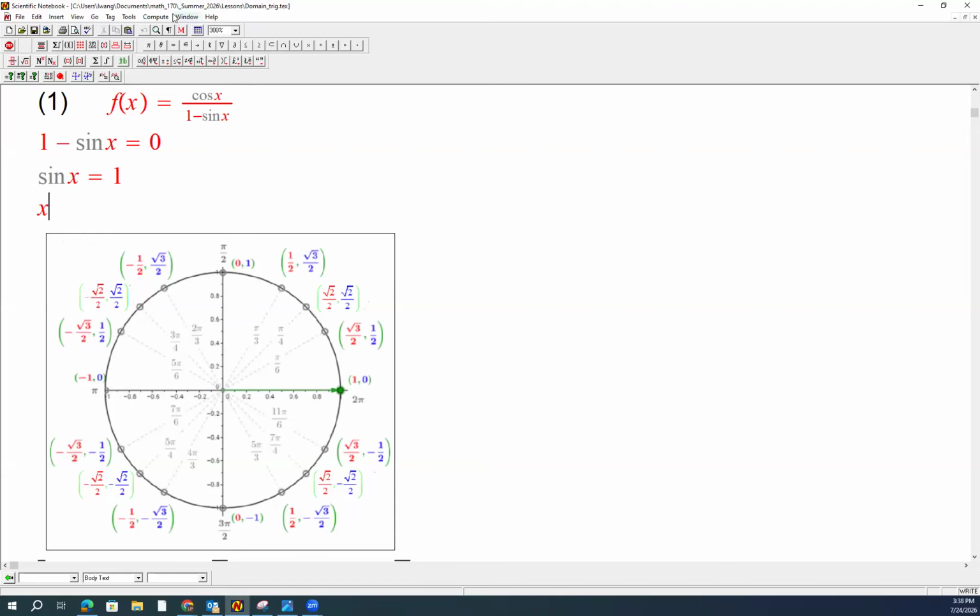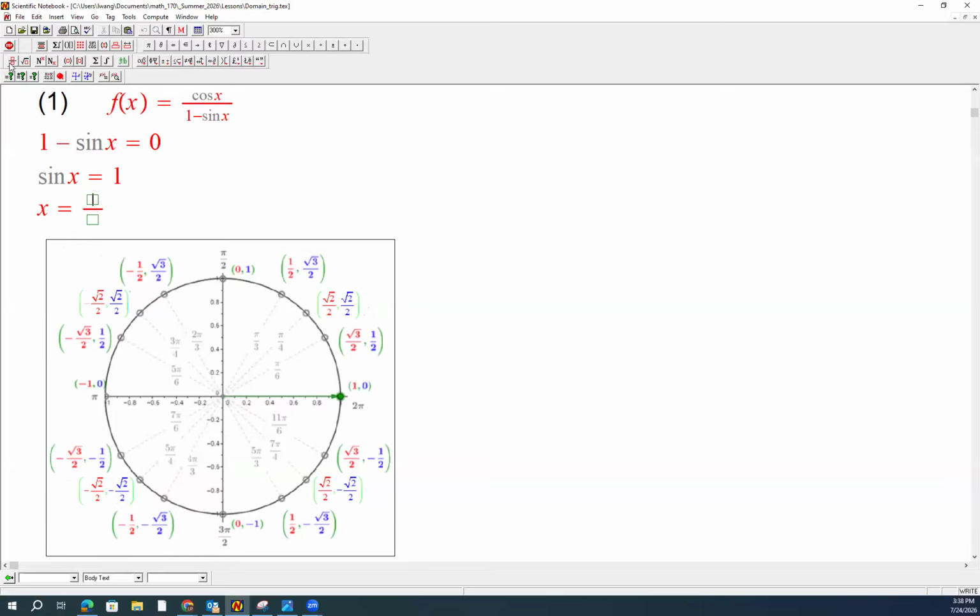So we get x equals pi over 2 plus 2k pi. Any multiples, right? We terminate here, we go around, we come back again. So for k equals 0, that's pi over 2.